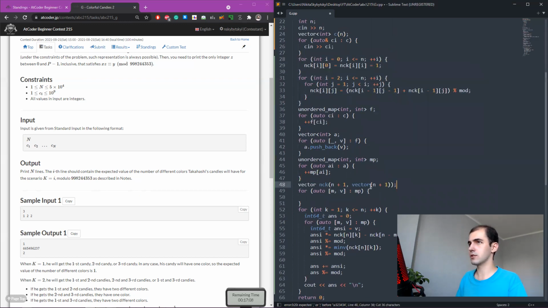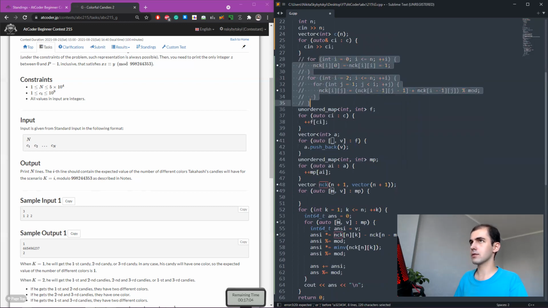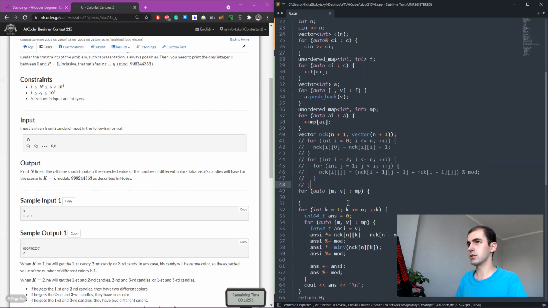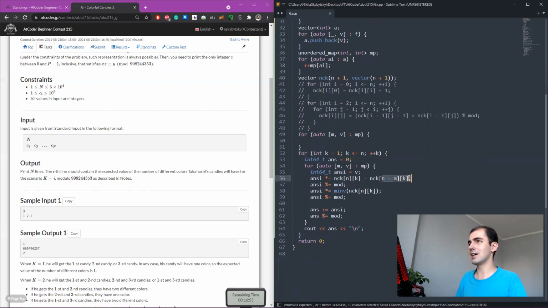This part is of course still useful. This we can't afford. So NCK will be an ordered map from int to vector of ints. Because if we need n minus m, then we need all k within it, so great.